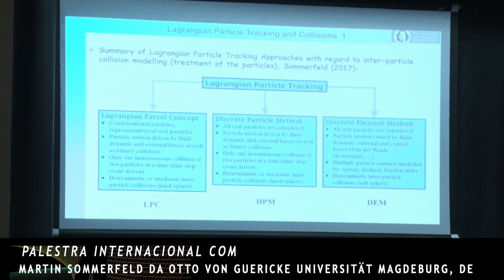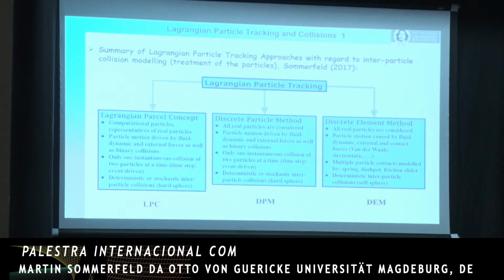I think the oldest one is the Lagrangian parcel concept, because this Lagrangian approach was developed from spray simulations at Los Alamos. In order to fulfill the mass balance, you track computational parcels which represent a certain number of real particles.